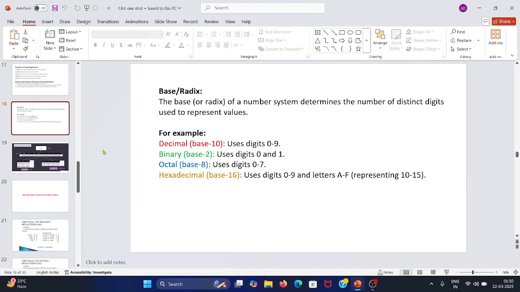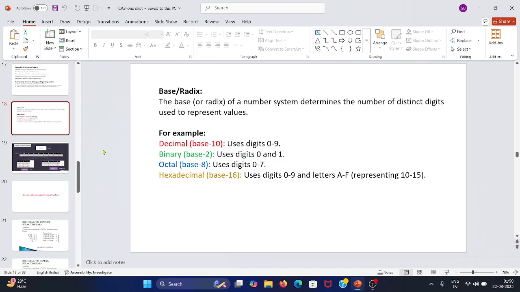After that, in case of a binary number, the base is 2. It means we can only use the digits 0 and 1 to construct any number. That is the thing. After that, octal, whose base is 8, oct means 8, so that's why the base is 8.